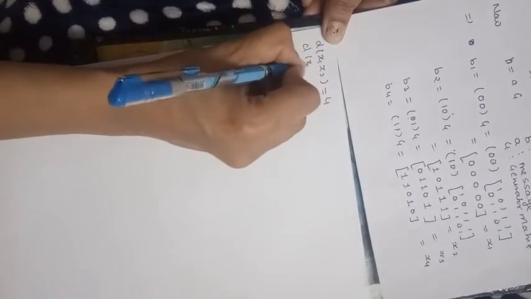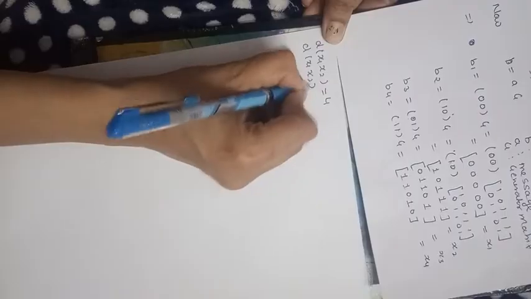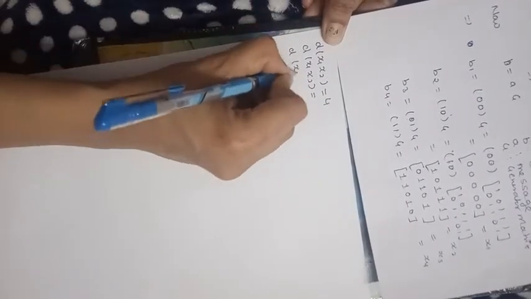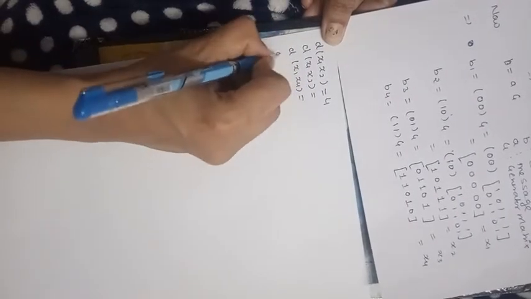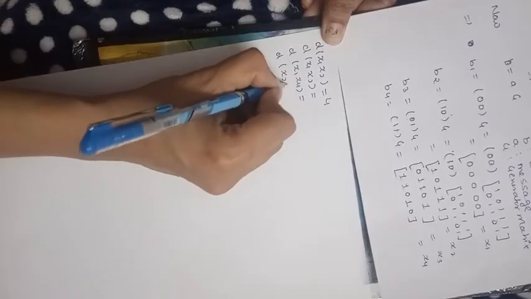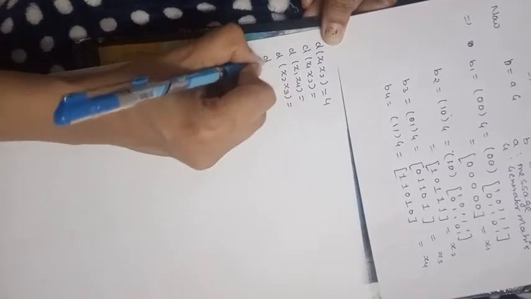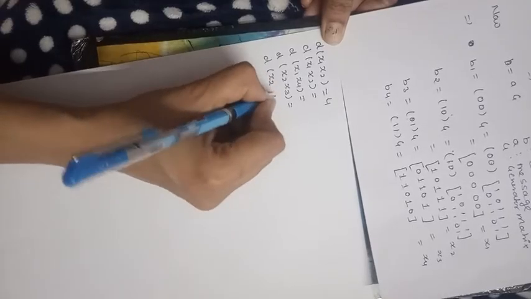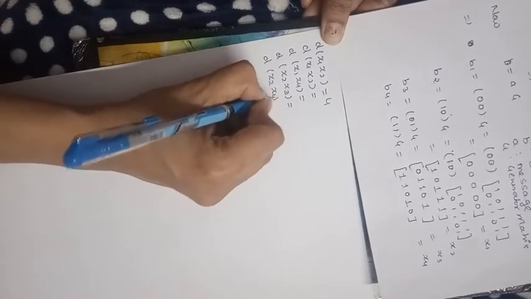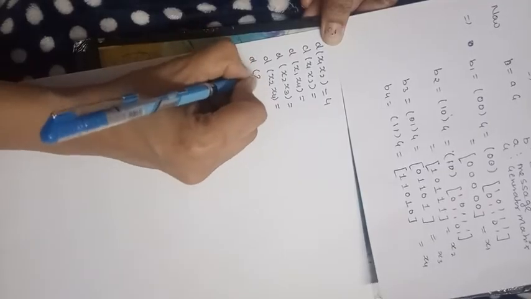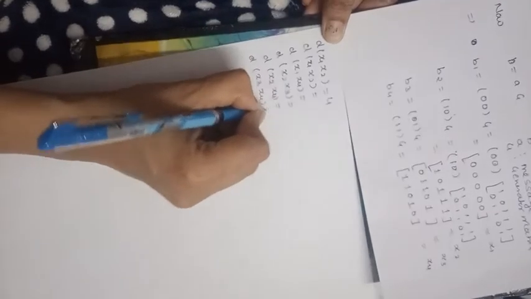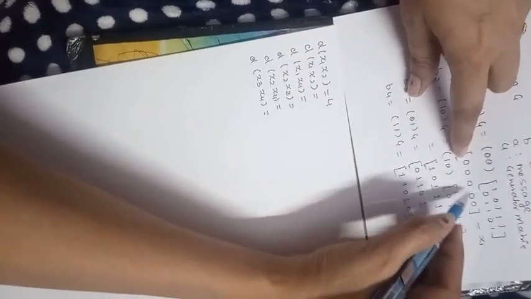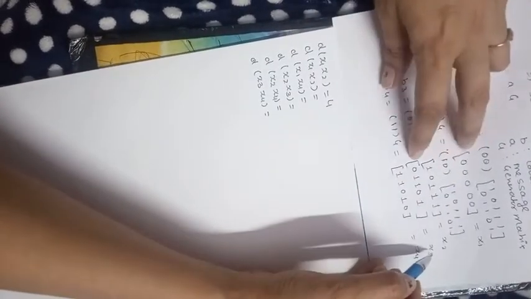Similarly, the distance between x1 and x3, x1 and x4, x2 and x3, x2 and x4, and x3 and x4. What is x1 to x3? x1 is 0 0 0 0 0 and x3 is this.